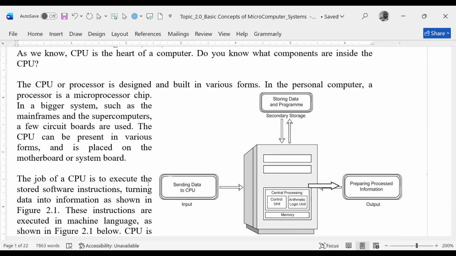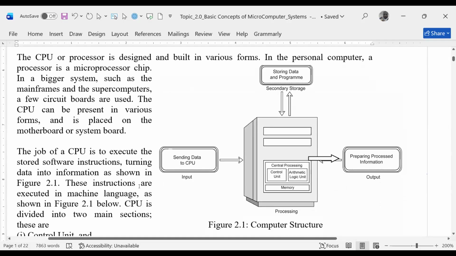So the job of the CPU is, one, to convert data into information, and two, to execute software programs stored or saved on a storage device like hard disk. So put in mind that once you switch on your machine, it's a job of the CPU to convert everything on a storage device into a meaningful thing for you.